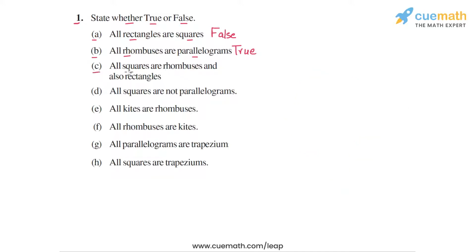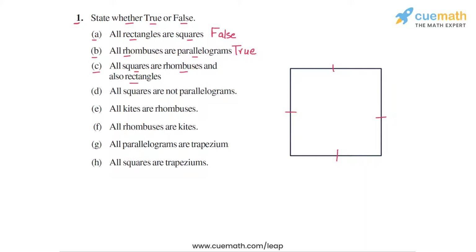Now let's go to the third statement. The third statement is all squares are rhombuses and also rectangles. So imagine a square like this, like the one I have drawn here. Now by definition, a square is a parallelogram in which all sides are equal.